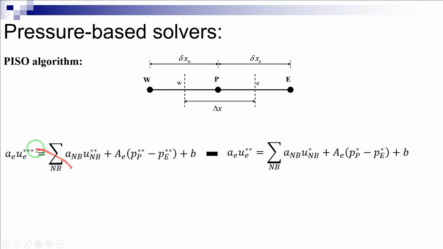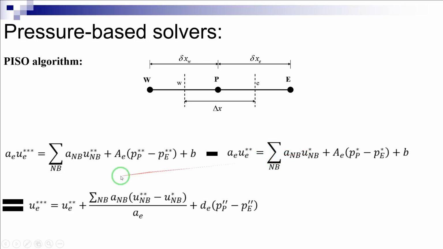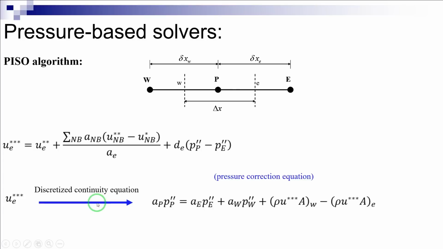Subtracting this equation from this one, we have the following equation. This is an equation which gives us the updated velocities. In this case, we are not going to neglect the influence of the neighboring cells in updating the velocity values.